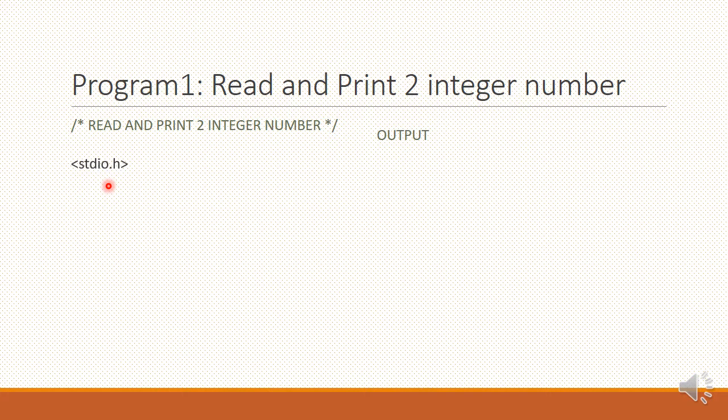Printf and scanf are present in the header file stdio.h, that is the standard input output header file. After the title, you have to write the include files, and in our program we are using only this.